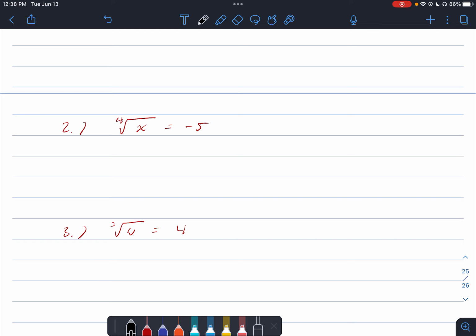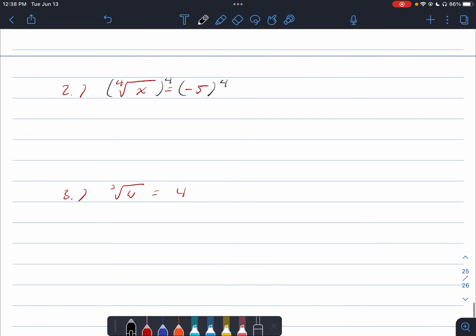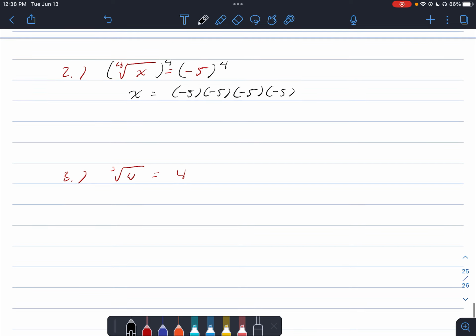How about this one? We have the fourth root of x is equal to negative 5. Let's go ahead and raise both sides to the fourth power here. So here we get x is equal to negative 5 times negative 5 times negative 5 times negative 5. Negative 5 times negative 5 is positive 25, times negative 5 is negative 125, and then times negative 5 again, that'll give us a positive 625.